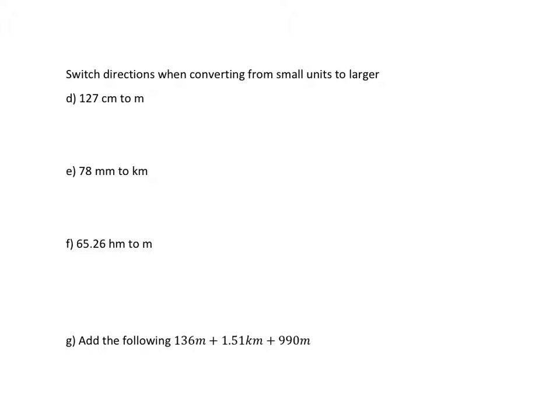When we go from small units to larger units, we're actually moving to the left on that chart, or we're dividing by a power of 10. So if I'm going from 127 centimeters to meters, I'm going 2 steps to the left, or dividing by 100, or dividing by 10 to the power of 2.